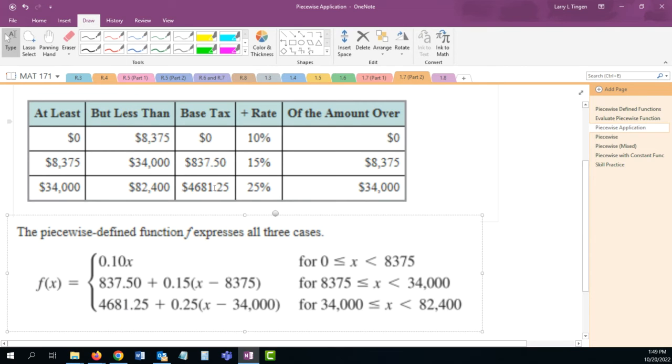So that's what it means by the base tax. If you get up into the third bracket, the base tax is all the taxes you pay on all the brackets below that. So if you're in the 6th bracket, you have passed 5 brackets, so your base tax is all of the taxes you pay on those first 5 brackets.